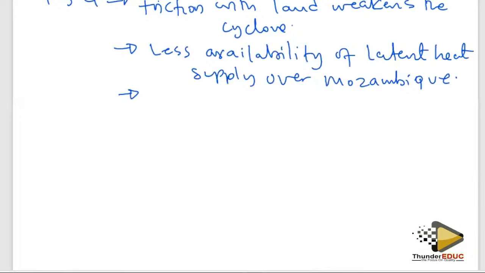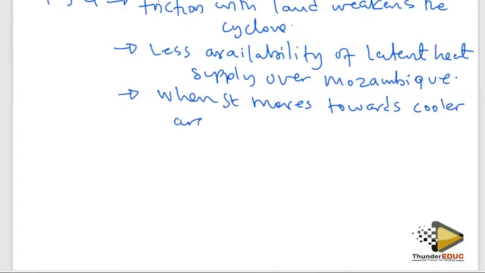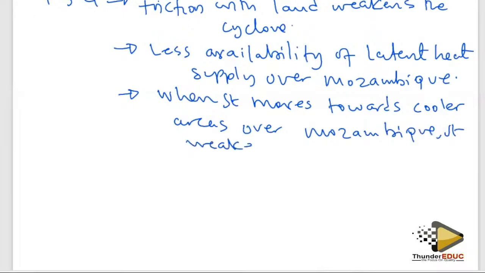We'll talk about it as well when it moves towards cooler areas. Over Mozambique, it weakens. Because we know cyclones do not prefer cooler areas.